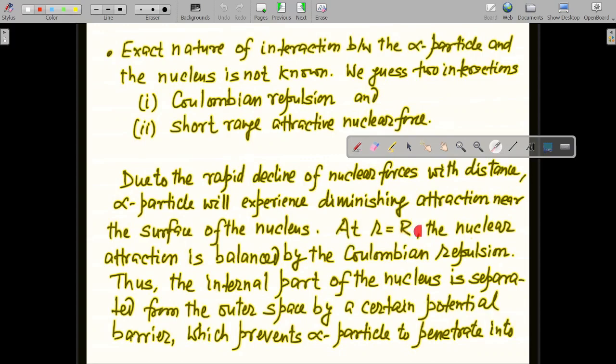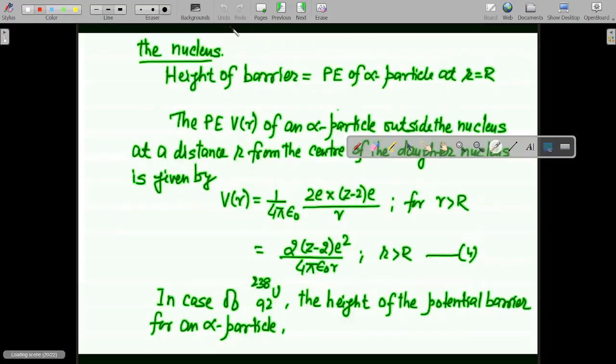At r equal to R, that is the surface of the nucleus, nuclear attraction is balanced by Coulombian repulsion. Thus the internal part of the nucleus is separated from the outer space by a certain potential barrier, which prevents the alpha particle from penetrating into the nucleus.